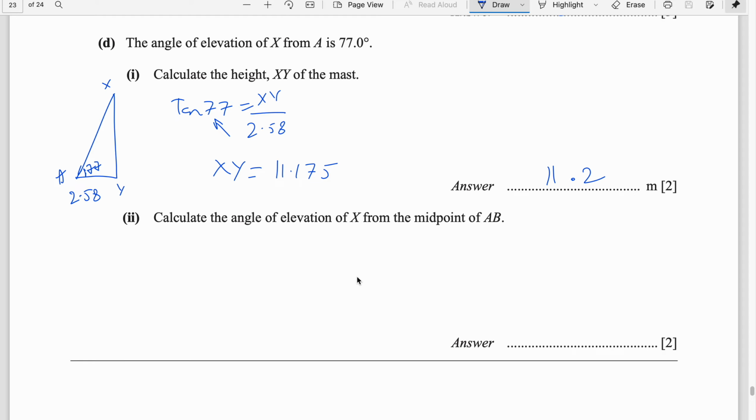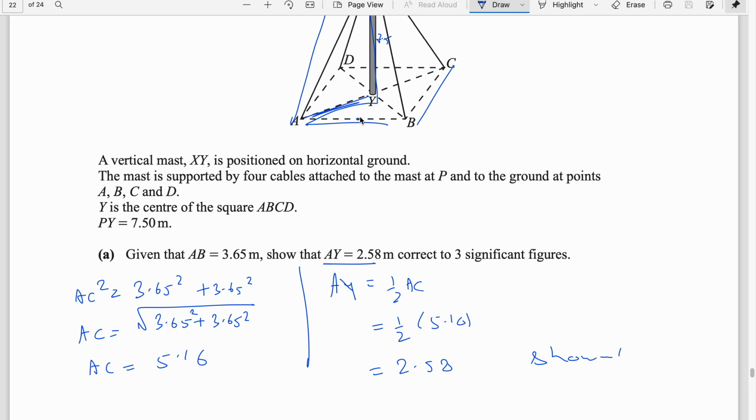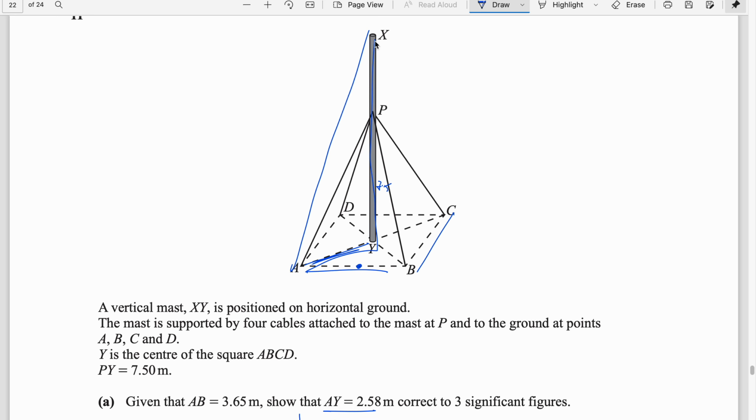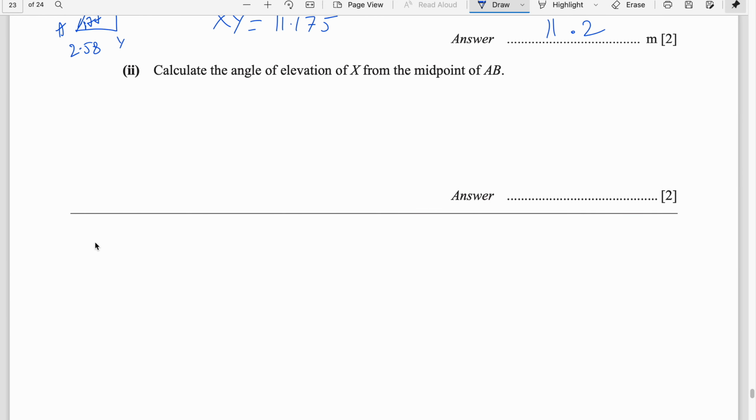Calculate the angle of elevation of X from the midpoint of AB. So midpoint of AB is this point. For the angle of elevation of X, we need this length, which is half of 3.65. So 3.65 divided by 2 is 1.825.